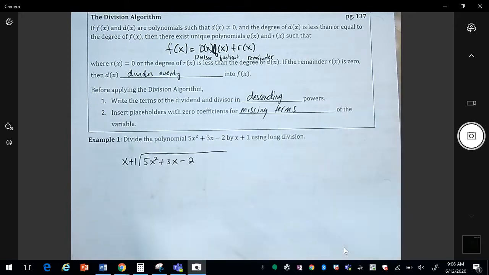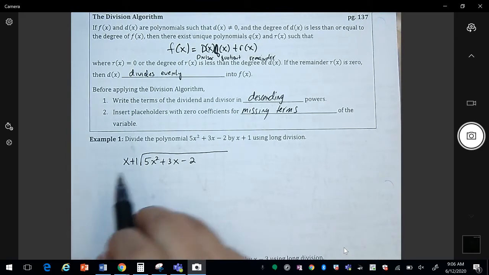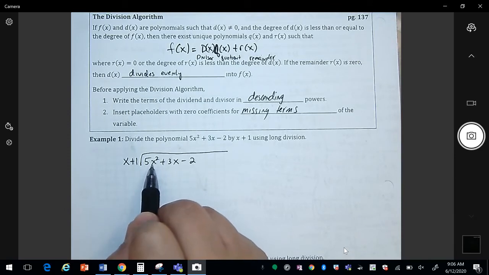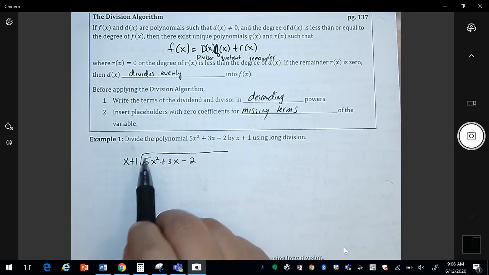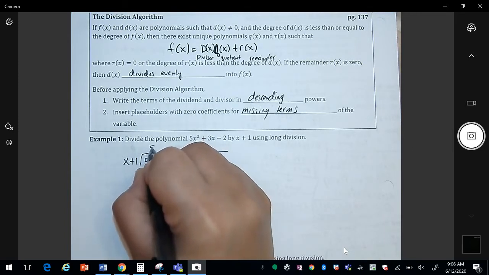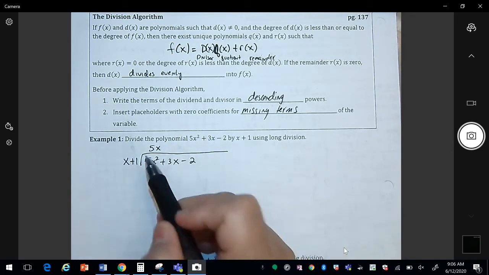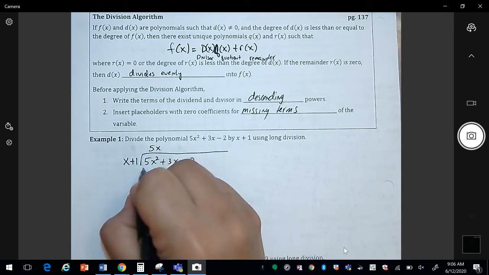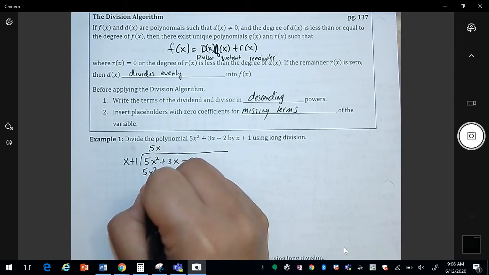And so when dividing polynomials, we have the same process. And so here we have 5x squared. We need to make sure that they're in descending order. So we have a 2 and a 1, which is in descending order. And so here 5x squared divided by x is going to be 5x. In other words, 5x times x is 5x squared.